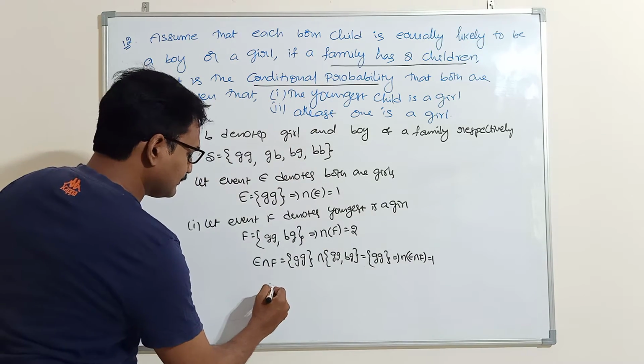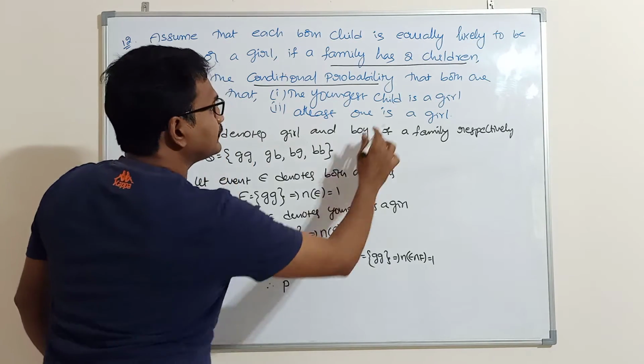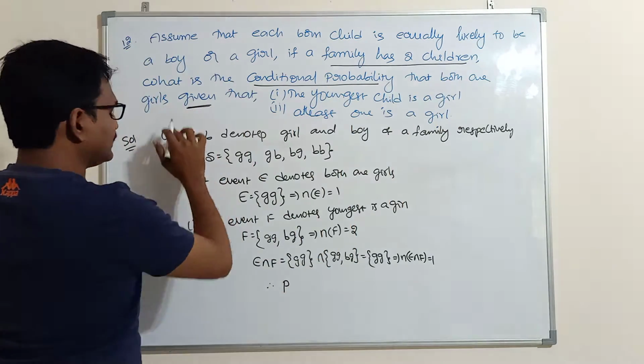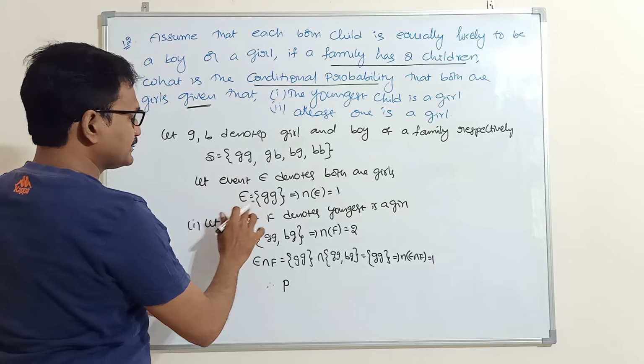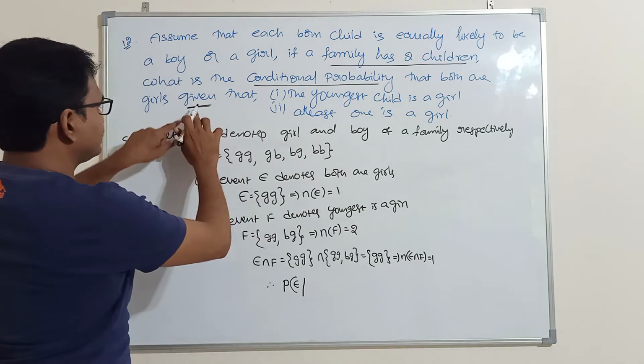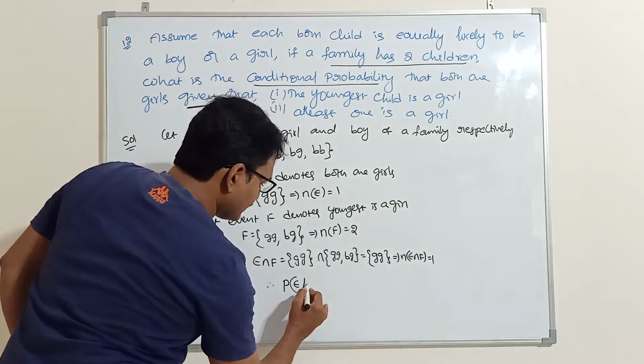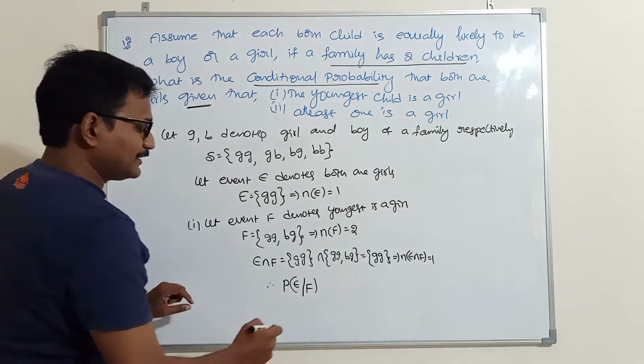Therefore, what to find? The probability that both are girls, which is event E, given that the youngest child is a girl. That means E given F.